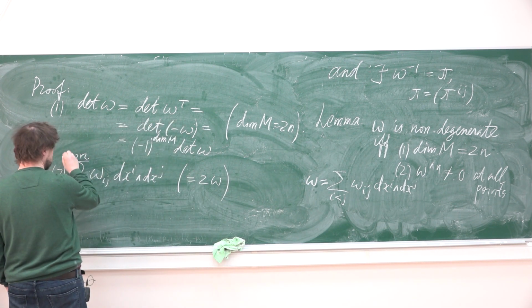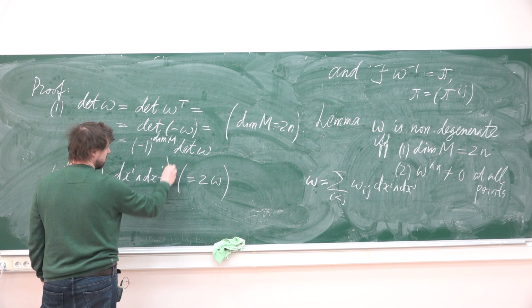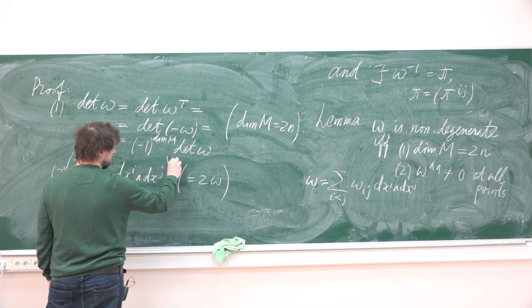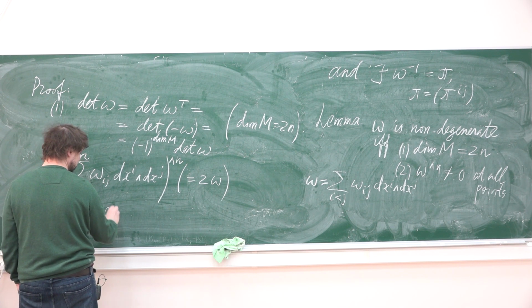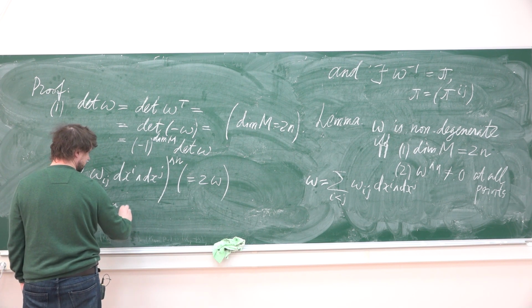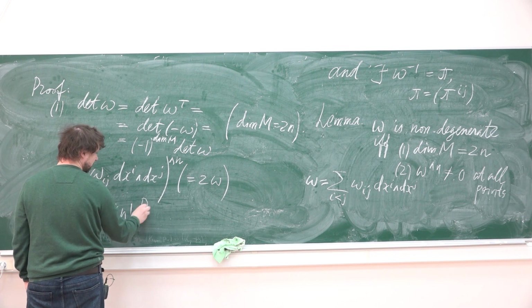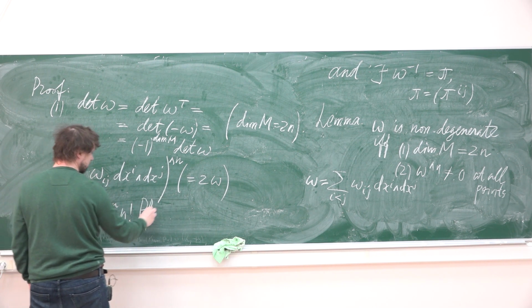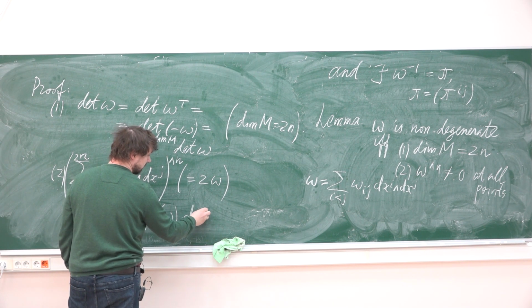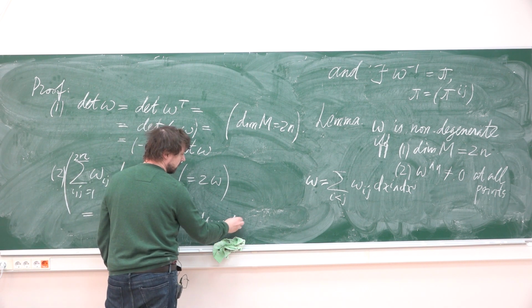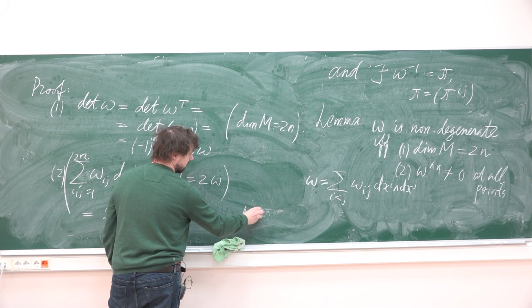Then, if I take the wedge product, the power n, what I get here will be 2 to the power n factorial Pfaffian of the matrix omega times dx1, and so on, dxn.